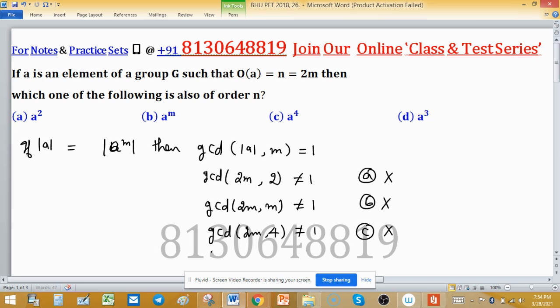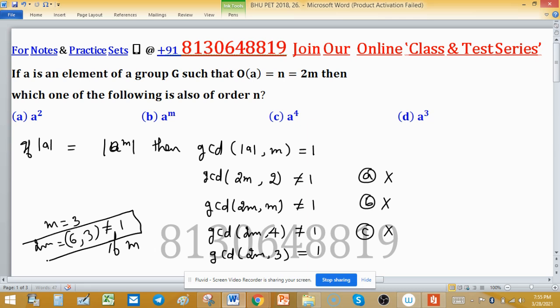GCD of 2m with 3 may be equal to 1 if m is not a multiple of 3. Like if m is equal to 3, then 2m is 6, and GCD of 6 with 3 is not equal to 1.